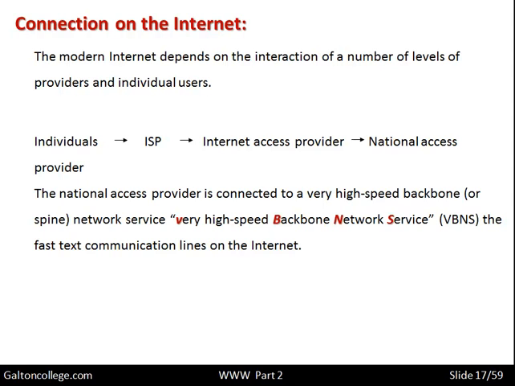That's the language we use, a very high-speed backbone, sometimes called the spine. And this network is known as VBNS, the Very High-Speed Backbone Network Service. And it uses very fast connections.